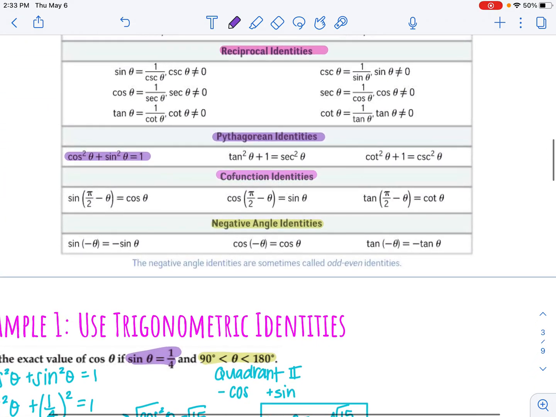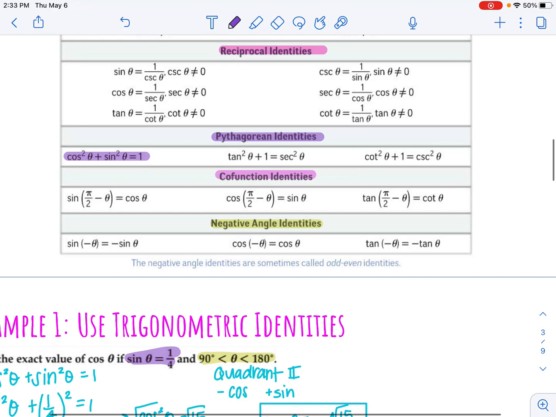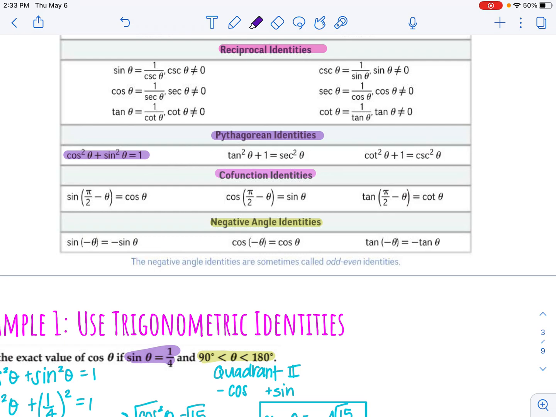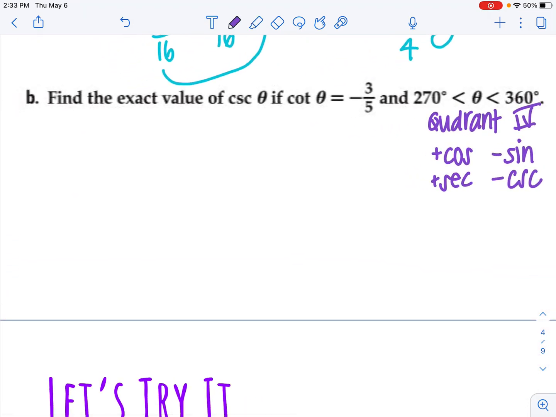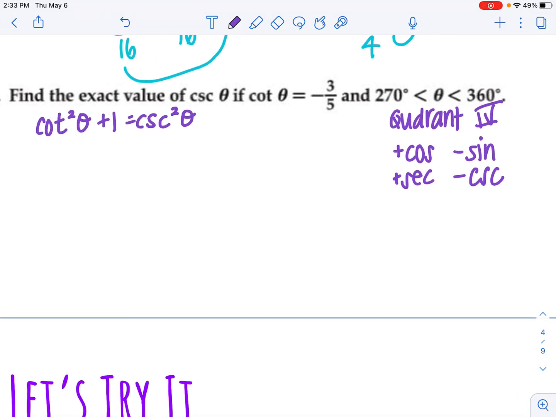So we look back up here for cosecant and cotangent. And you can see right here is a Pythagorean identity. Cotangent squared of theta plus 1 is equal to cosecant squared of theta.